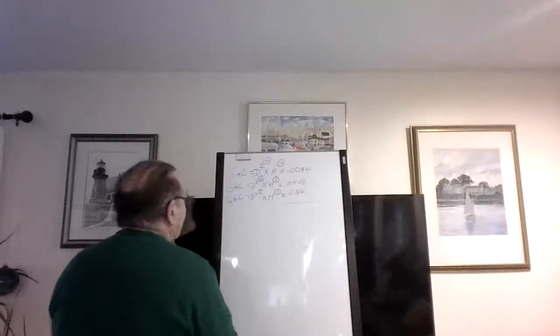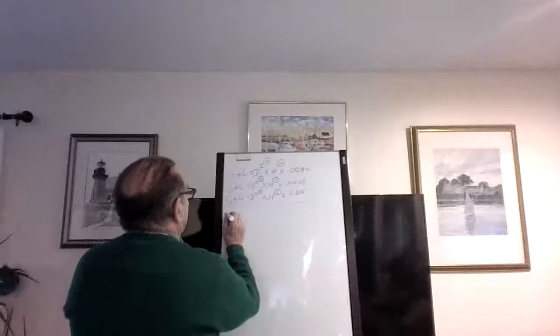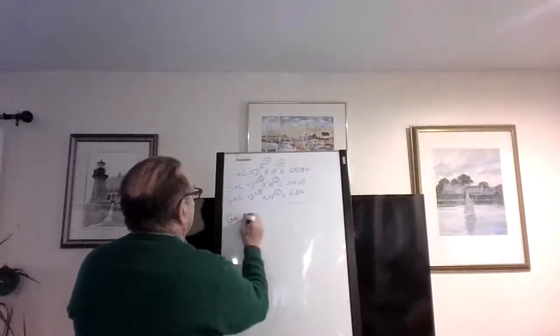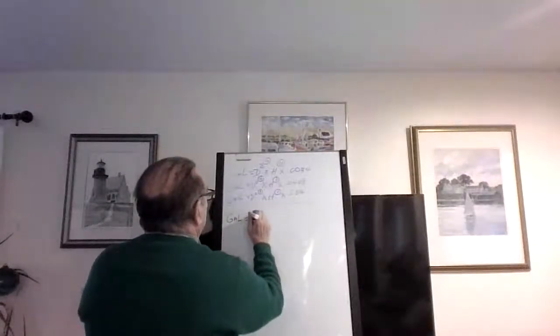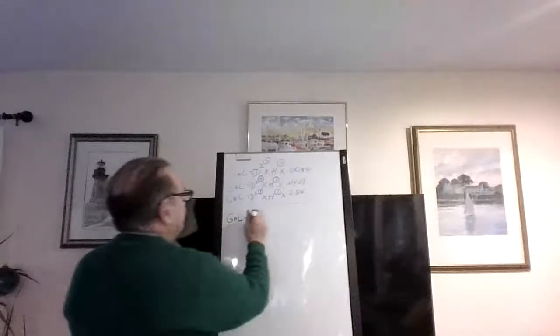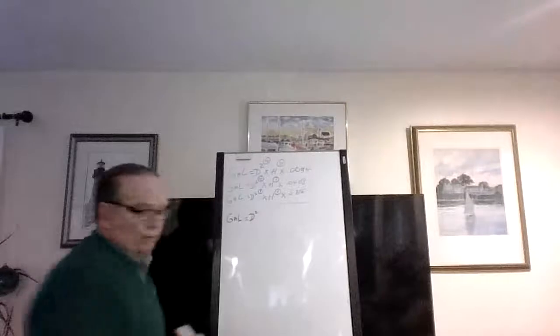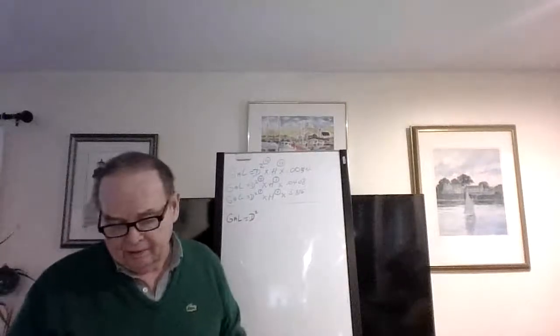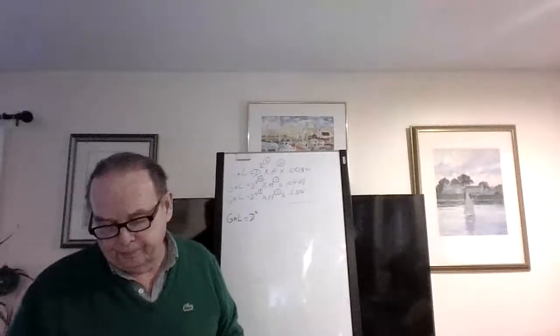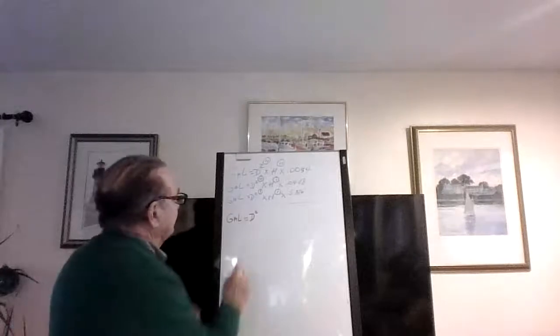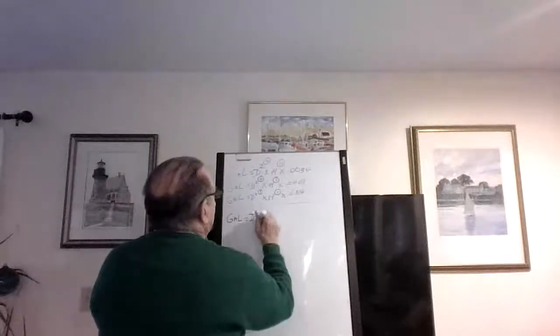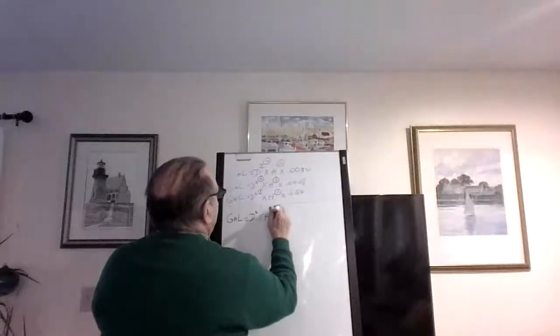All right, so what we have to do now is decide what formula we're going to use. So let's see what they gave us. Gallons equals the diameter squared, and what is it, feet? Yep, it's given in feet, times the height in feet.